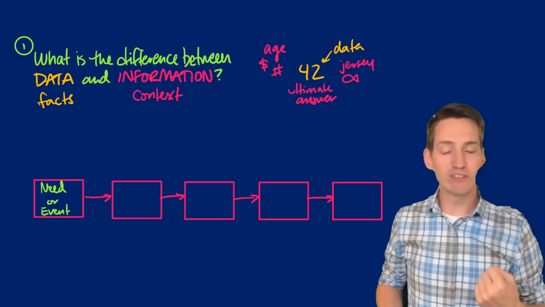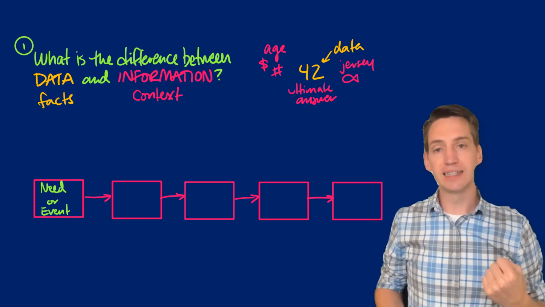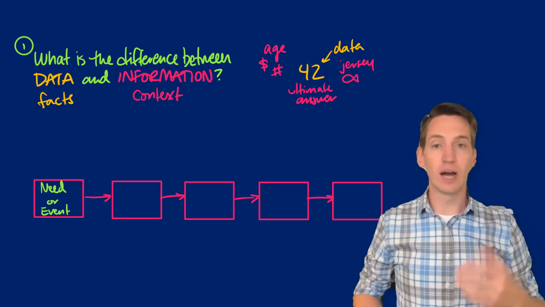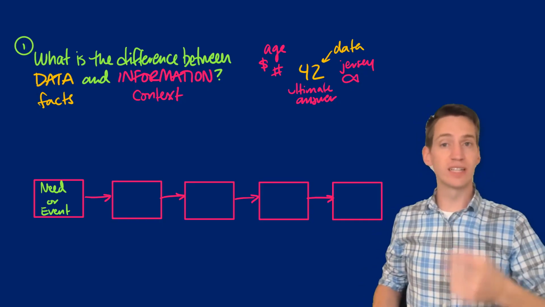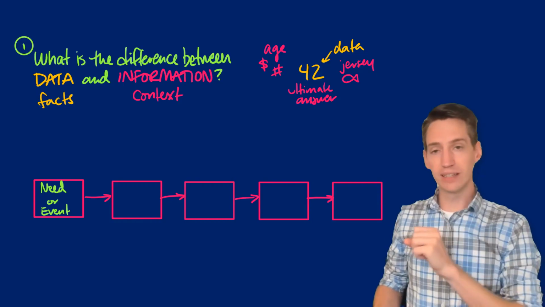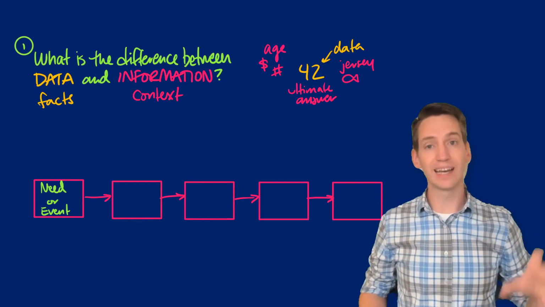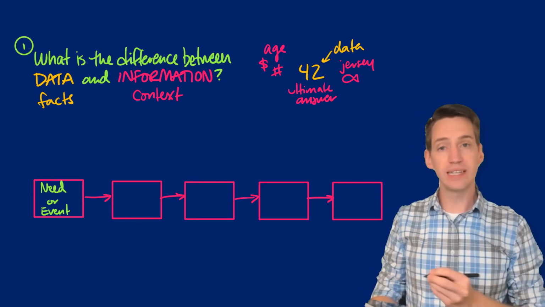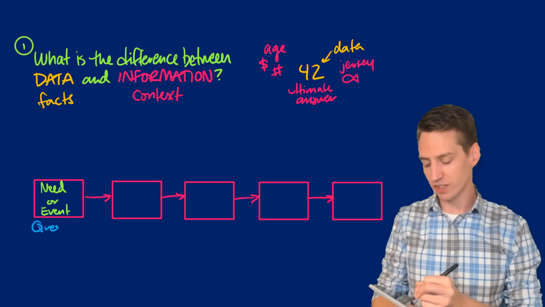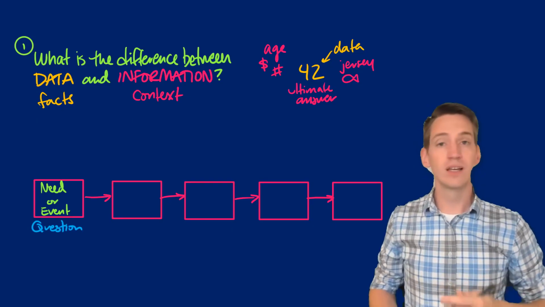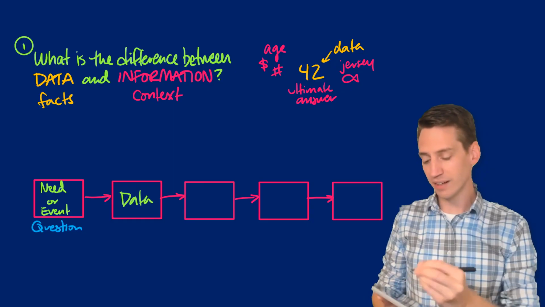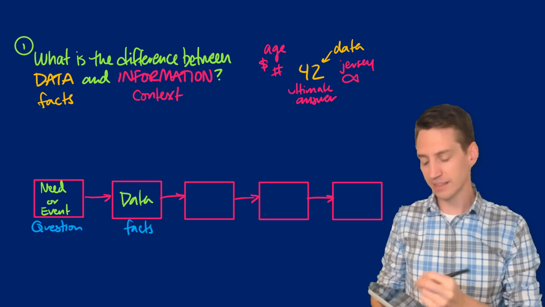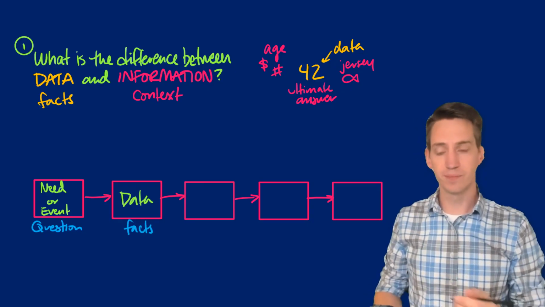So an example of a need for data would be that I need to understand how profitable I am. An event that generates data would be a sales transaction that collects data about the transaction amount, the quantity, the customer, and so forth. Think of the need or event as the question we're trying to answer. The need or event generate data. These, once again, are the facts that describe what's going on.